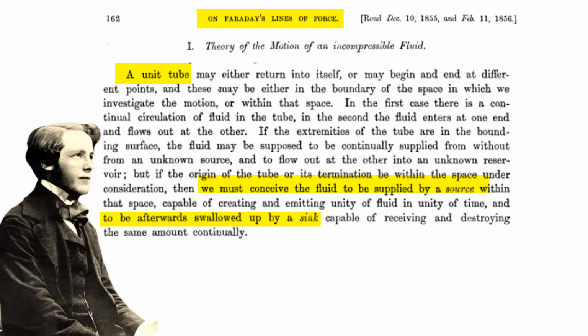By December 1855 and February 1856, Maxwell published a series of papers titled On Faraday's Lines of Force, where he modeled Faraday's electric and magnetic lines of force as theoretical tubes of a fluid, so he could use fluid mechanics, with charges either being sources or sinks of these fluids.